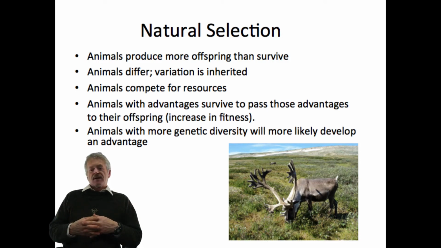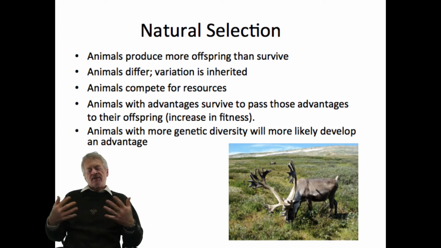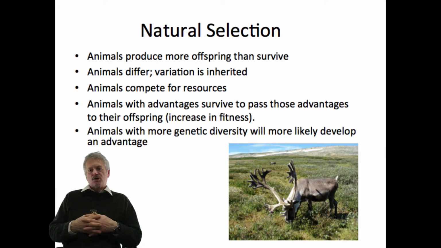And that has a genetic basis, and those characteristics are passed on to the offspring. With the process of natural selection, it is good to have a lot of genetic diversity because you are adapting to an environment, and the environment is always changing. And if you have a lot of genetic diversity, if the environment changes, more than likely you'll have one of the characteristics that will allow you to adapt to a changing environment.